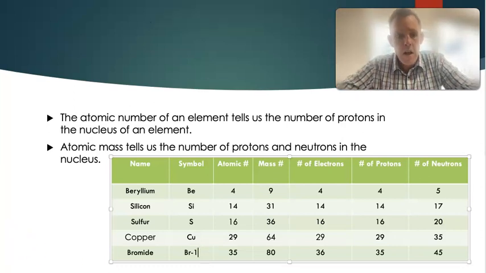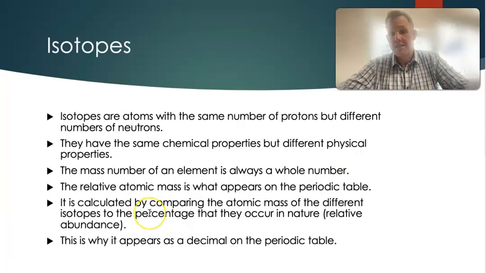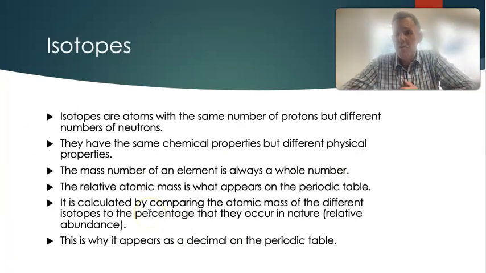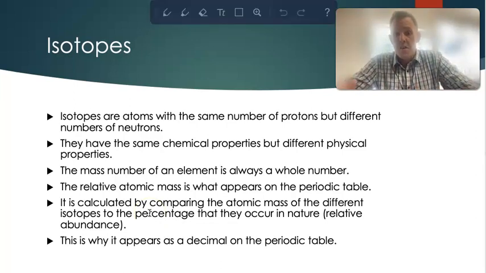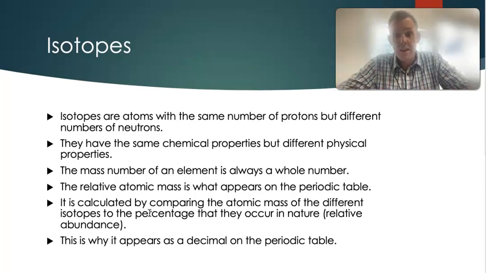Okay. Only other thing that we need to know about with atomic structure is what are called isotopes. Isotopes are where we have the same atomic number but a different atomic mass. So basically they're the same element, but the atoms vary a little bit. Now what happens, they still have the same chemical properties, they still react the same. We will get different physical properties, so they might even be radioactive.